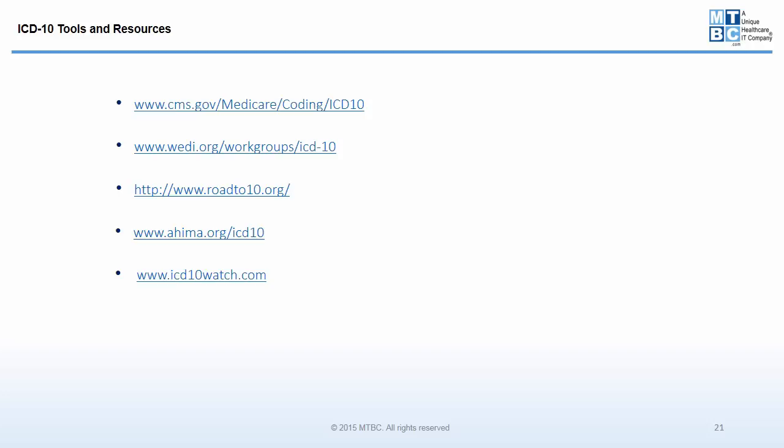Medicare will indicate what they're looking for. AHIMA, ICD-10, anything updated, okay? The ICD-10 watch will give you that information. So these are good sites to check on occasion, once a month if you can, just to see if any updates have been put together there.